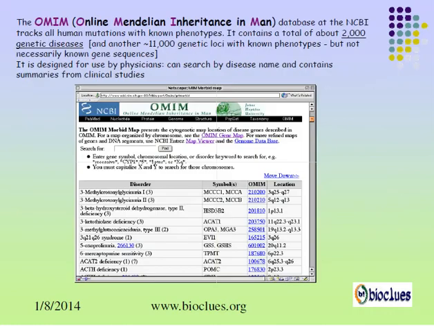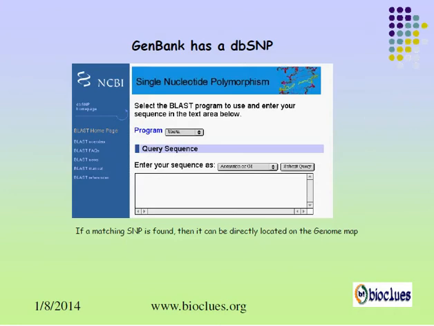Right, so OMIM is a database of NCBI which holds more than 2,000 genetic diseases and information on them. This is specifically designed for physicians and for their research and for clinical studies. dbSNP is a tool, again from GenBank NCBI, which will help you to identify SNPs in your sequence.